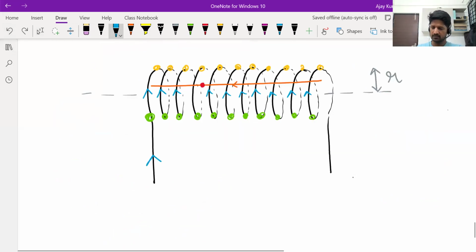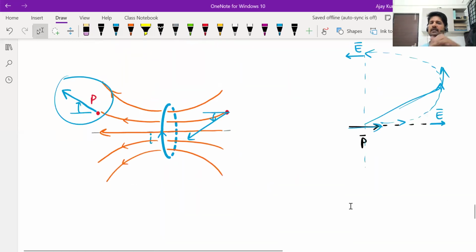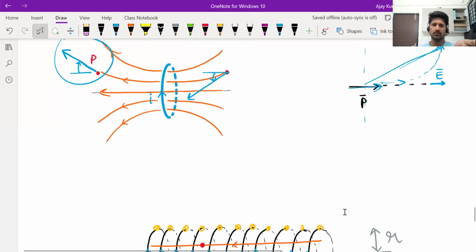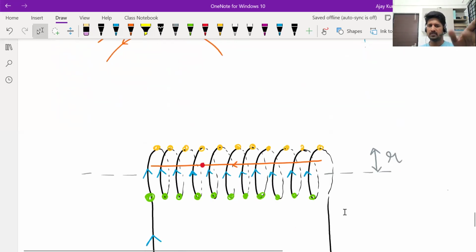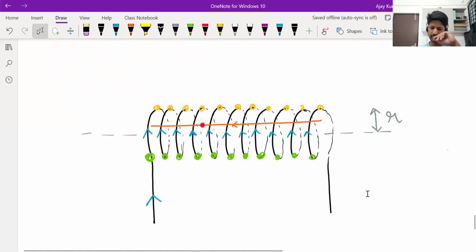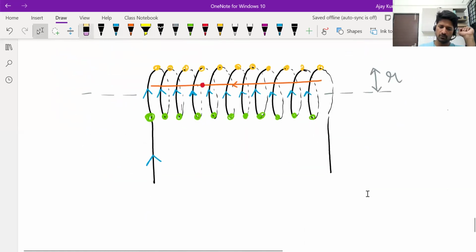What makes it difficult is that the point P is not on the axis of the circular loop, and we have no formula for magnetic field away from the axis of a circular loop yet. So we won't be able to proceed that way. The only method we are left with is Ampere's law. So we have to use Ampere's law to derive the strength of this magnetic field somewhere inside a solenoid.